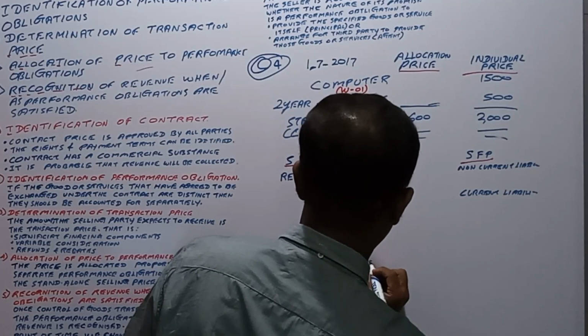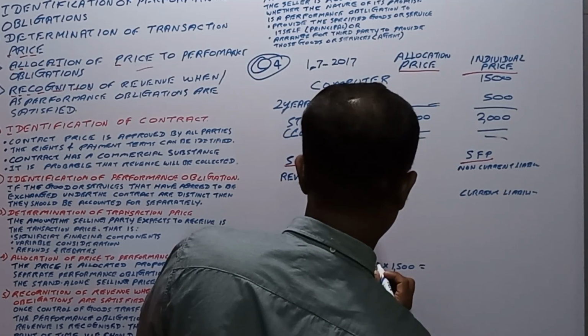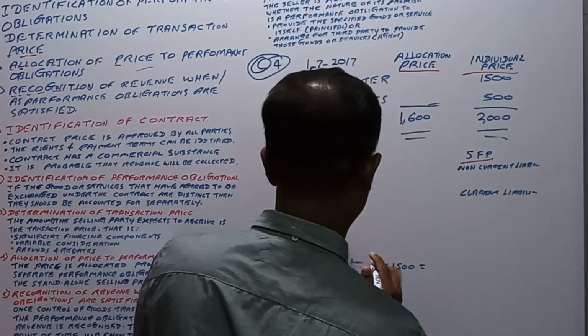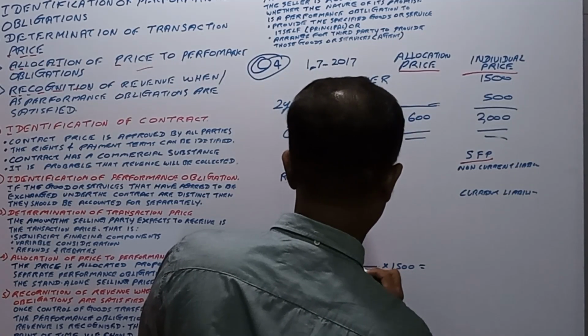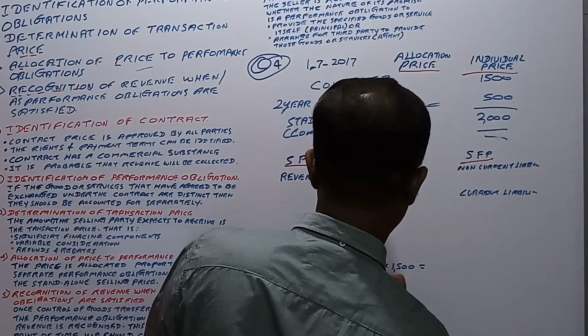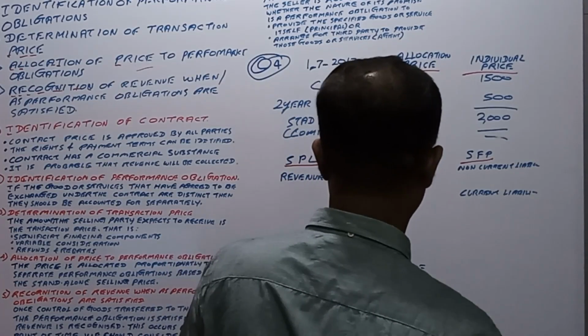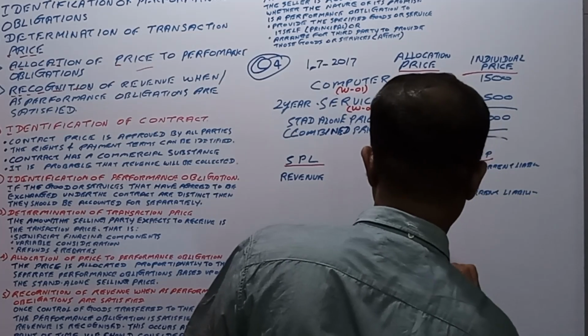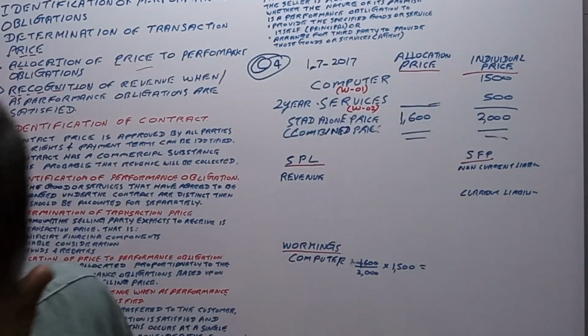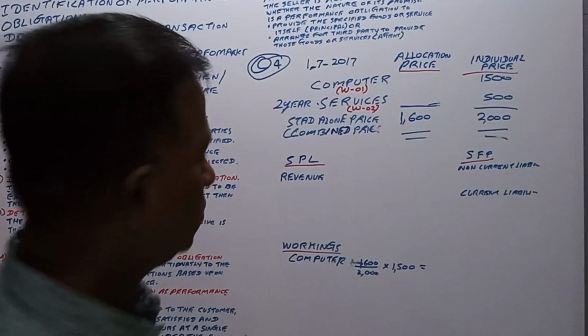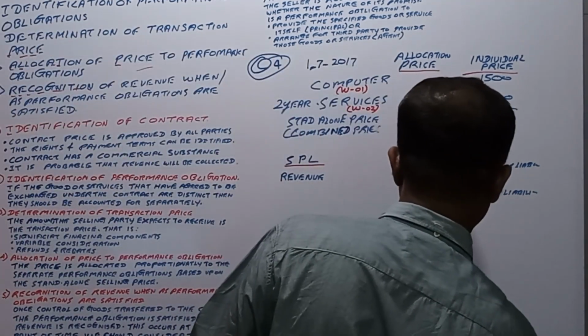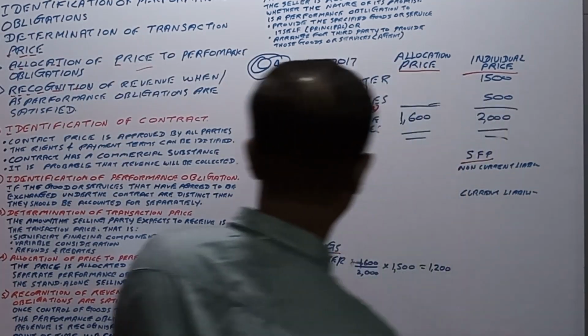1600 divided by 2000 into 1500. That is 1200.